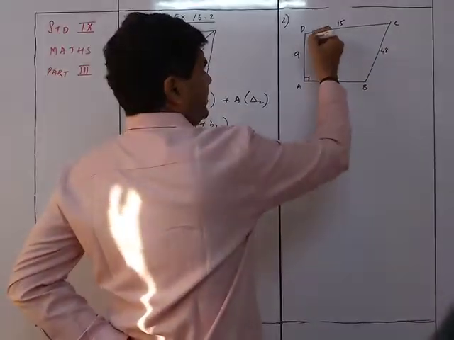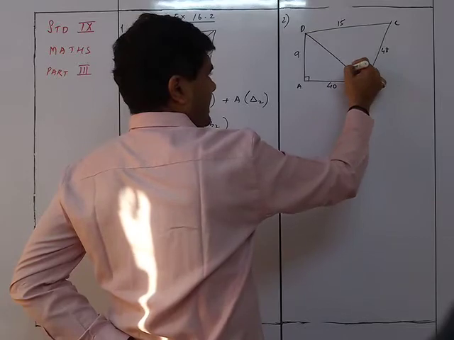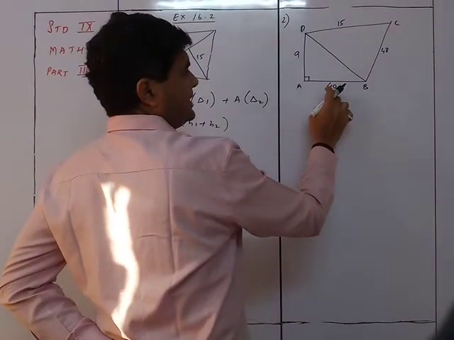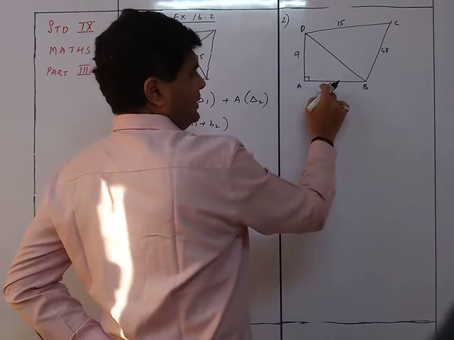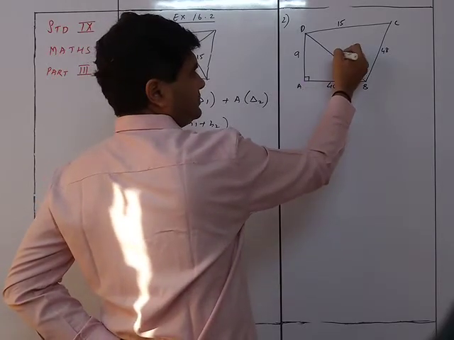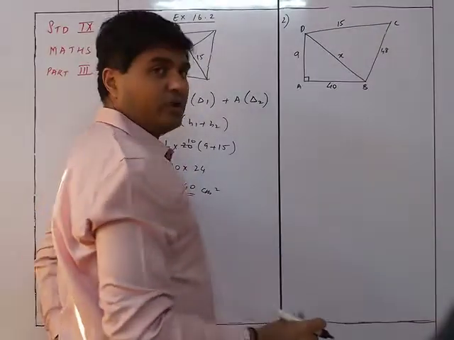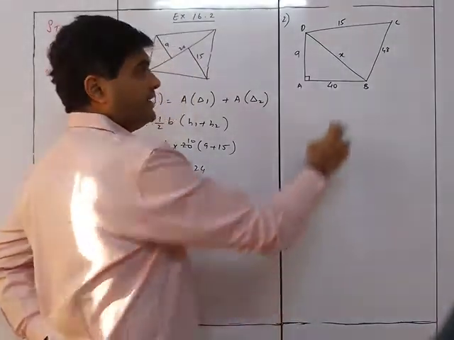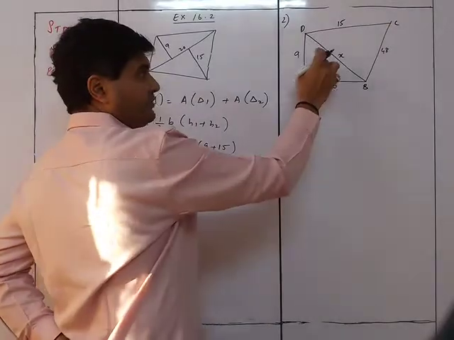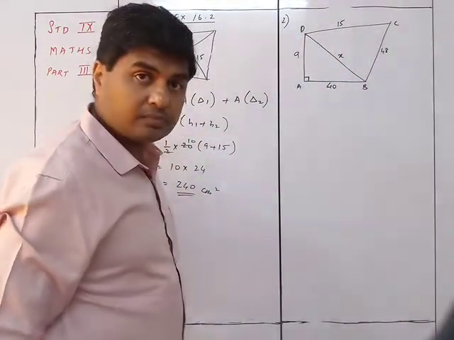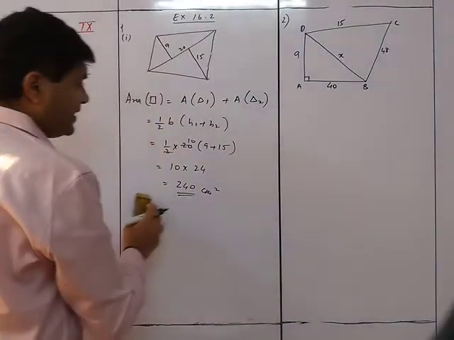So accordingly, if I want to find the area, I will need to draw a line like this, and now by this right angle triangle, I can find this diagonal, and in this other triangle I have three sides, so I can use Heron's formula and find the area. So area of this plus area of this will give me the area of the quadrilateral. I cannot use any standard formula.